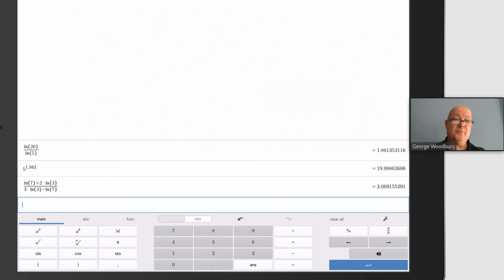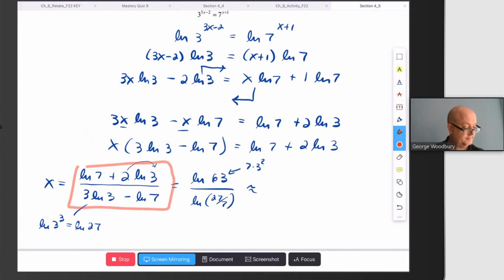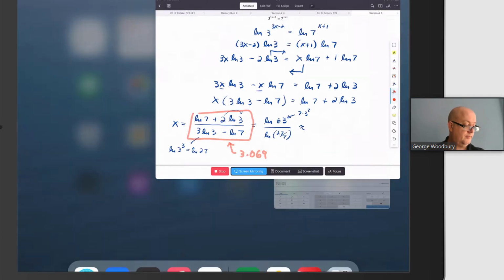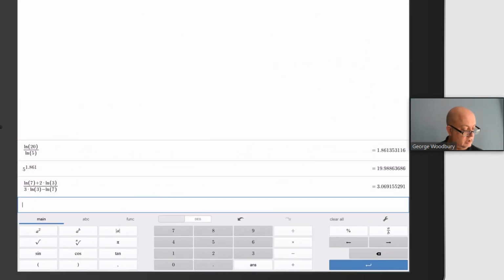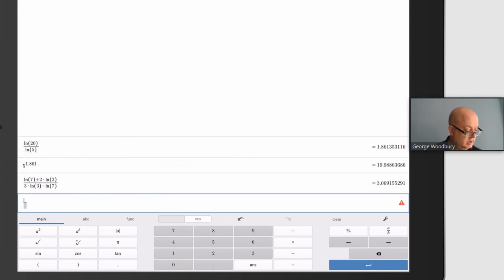Let me write that down before I forget it. Now let's try the other one. We've got the natural log of 63 divided by the natural log of 27/7. We'll do a fraction.